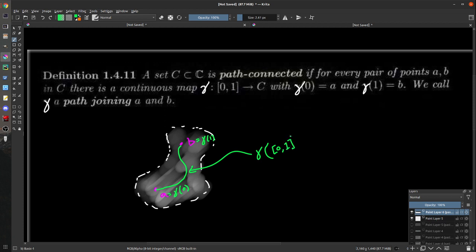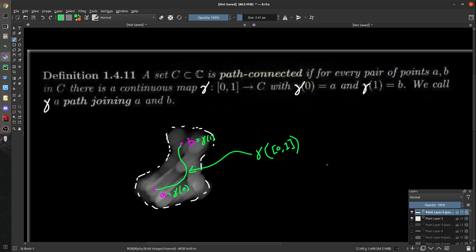If we plugged in every single point, you would watch it go through here. Does that make sense? You can think of t as time. At time 0, it's A, and then we continuously move through our set and get to B.